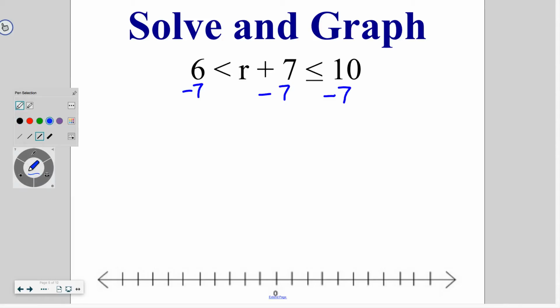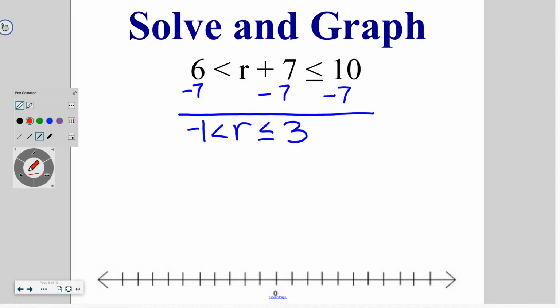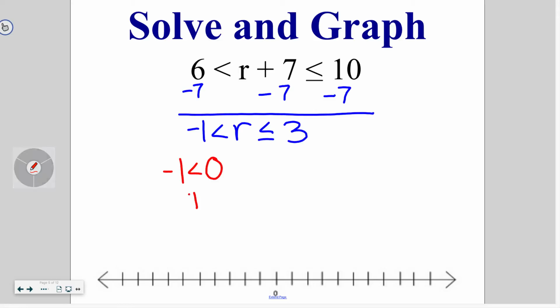Once I take that 7 away, I end up with an answer of -1 is less than r, which is less than or equal to 3. When I'm testing here, I'm going to have to test for the two pieces. -1 is less than 0 is a true statement, and 0 is less than or equal to 3 is also a true statement.